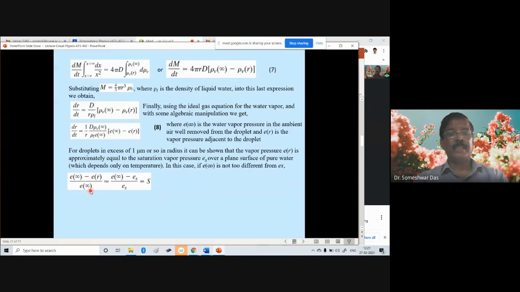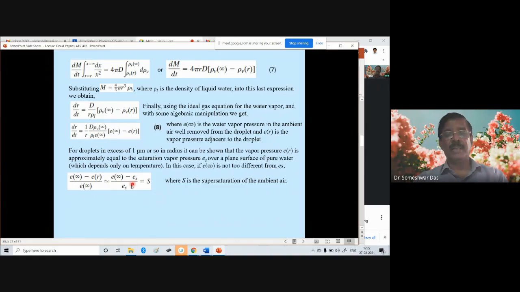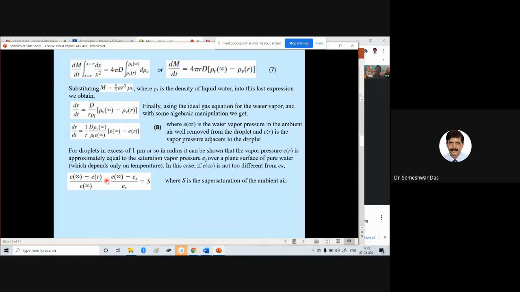Let's denote this by S, where S is the supersaturation of the ambient air: S equals (e infinity minus es) divided by es. es is the saturation vapor pressure, and e infinity is the vapor pressure at a large distance. So this is the supersaturation of the ambient air.